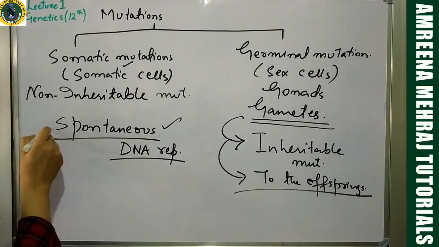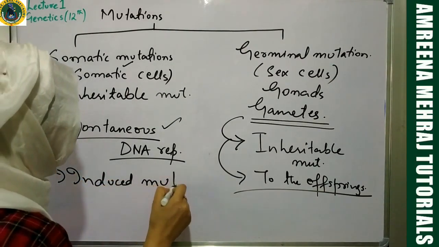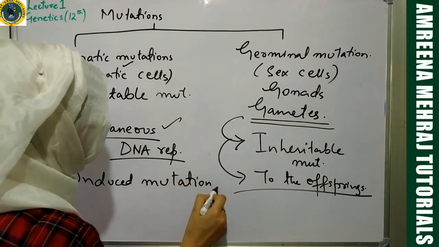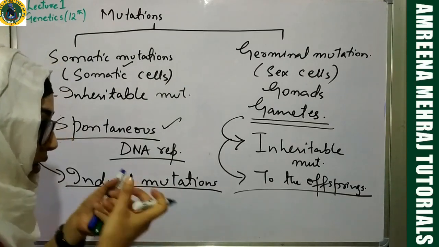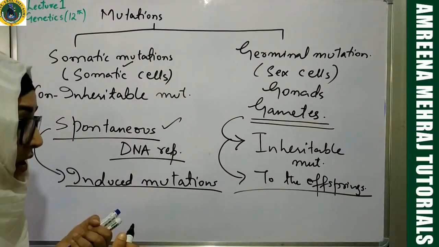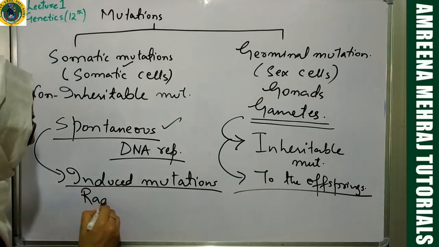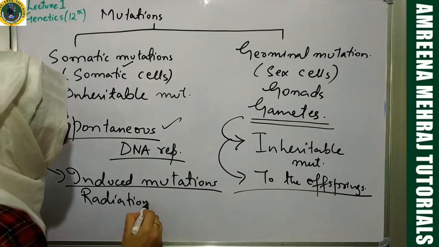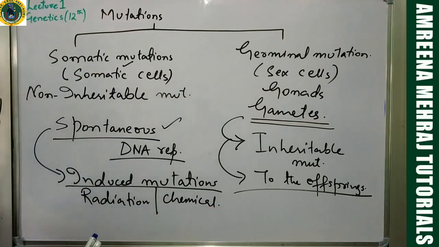Okay, another class could be induced mutations. So my dear students, now over here this is very tricky. Induced mutations, in which you are using some kind of agent to induce mutation in a cell. That agent could be maybe a radiation, or that agent could be a chemical which you will use to induce change in the genetic material of some cell.